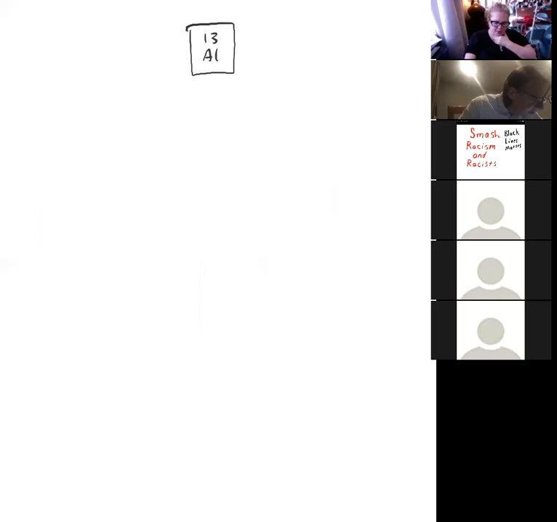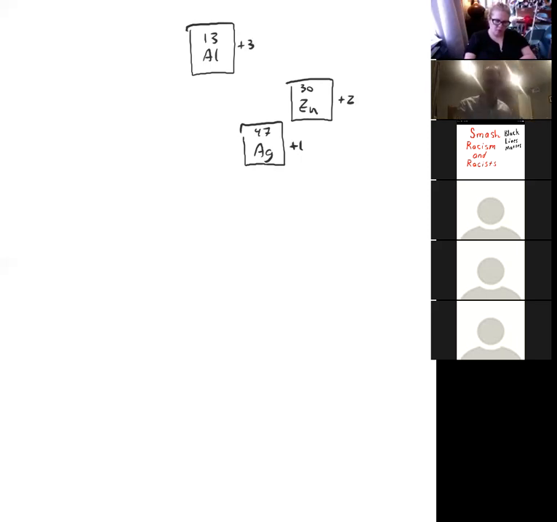So 13, and then 30 is over here, and then silver is below that over here, 47. What they do is they just memorize: this one is +1, this one is +2, and this one is +3.